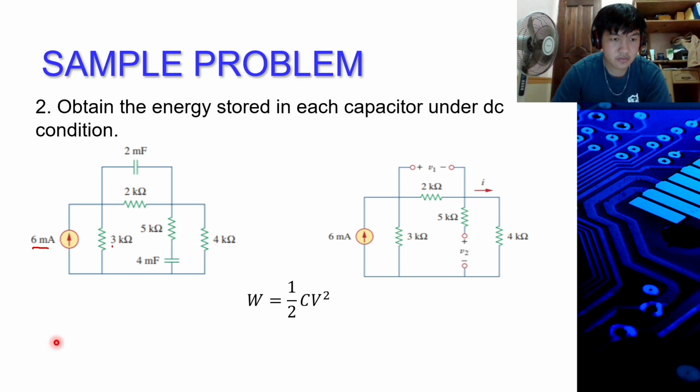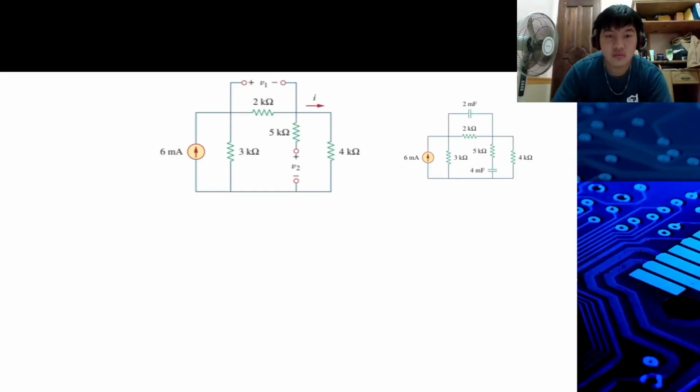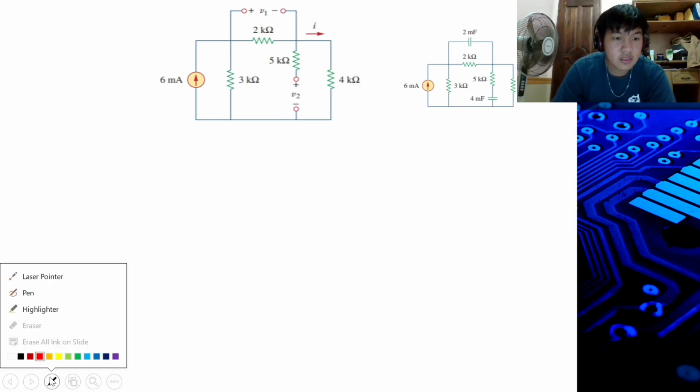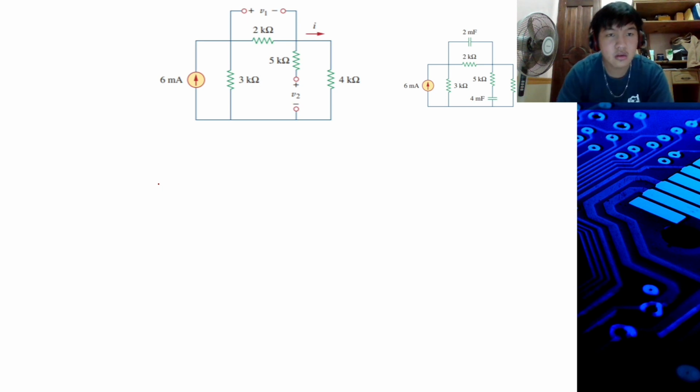Since we have capacitors C1 and C2, the only thing missing is the voltage. Let's find the voltage. We can use current division.